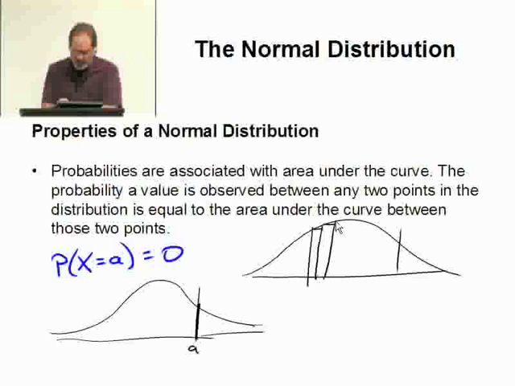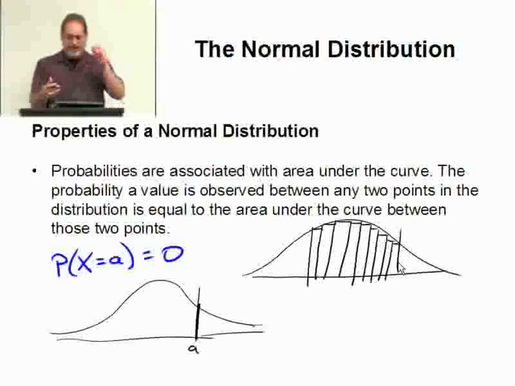Now, we all know how to take a rectangle and find the area. It's simply the width times the height, right? So in calculus, that's what we do. There's a method to say, hey, I'm going to take all those rectangles, and I'm going to use an infinite number of them by taking the width of the rectangles and letting the width go to 0. Not equal to 0, but goes to 0. So that's going to have this infinite number of boxes there, which actually gives me the area under the curve.